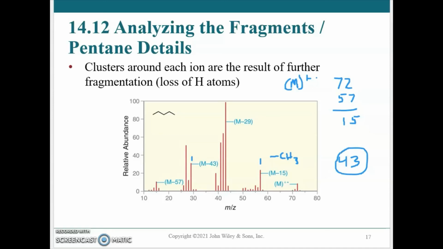This is a mass of 43. M minus 29 is 43. So this is a mass of 43, and that corresponds to loss of CH2CH3.